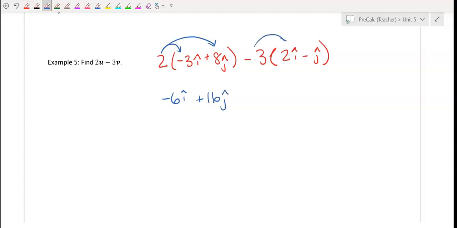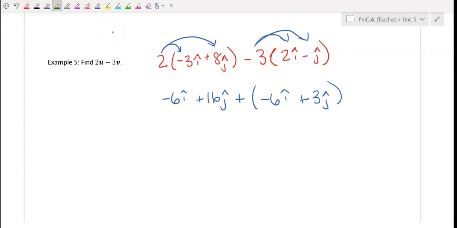And I'm going to go ahead and distribute this negative 3. And I'm going to turn this into addition. So this is negative 3 times 2, so that's negative 6i. And this negative 3 times minus j becomes plus 3j. Notice I wrote the second part in parentheses.